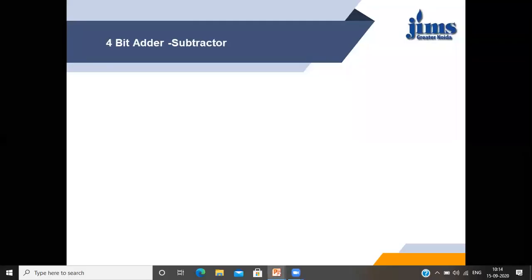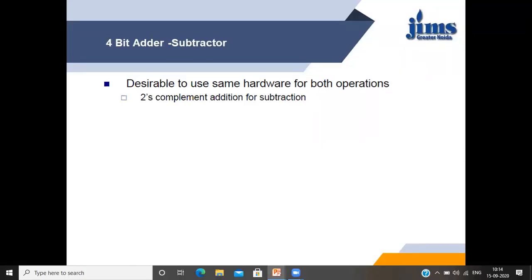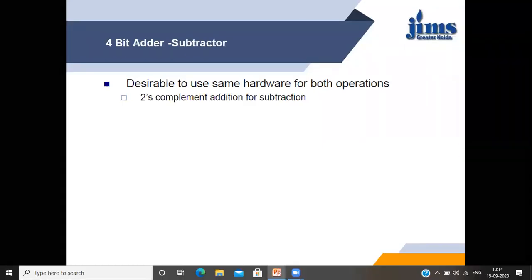So let us discuss the concept behind it, how the addition and subtraction take place with the same hardware. It is desirable to use the same hardware for both operations, that means for the addition and the subtraction.